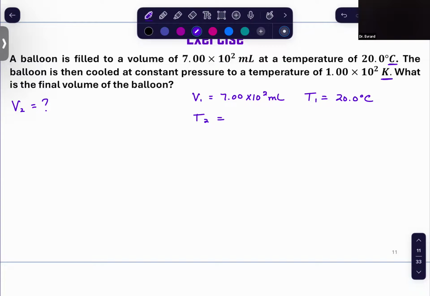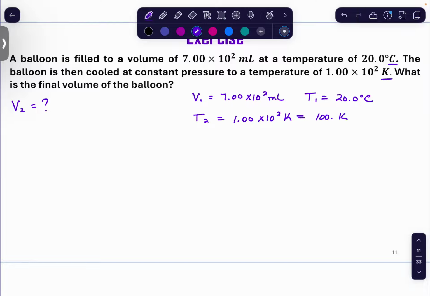T2. So yeah, if you put 10 to the second, I don't care if you write it as 1.0 times 10 to the second or 100. Make sure you keep the decimal point in there, so you go from 3 significant figures to 3 significant figures. So these are things we know. Okay.